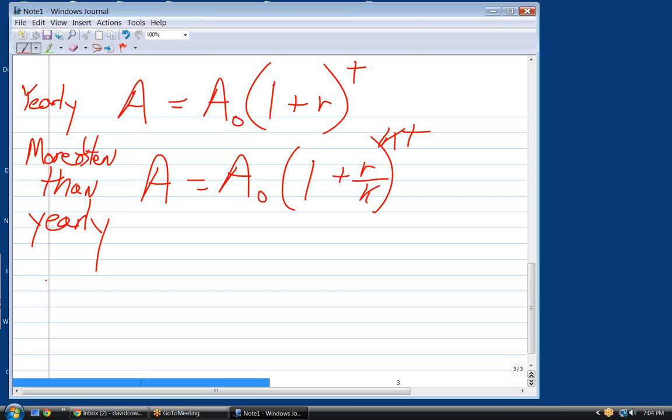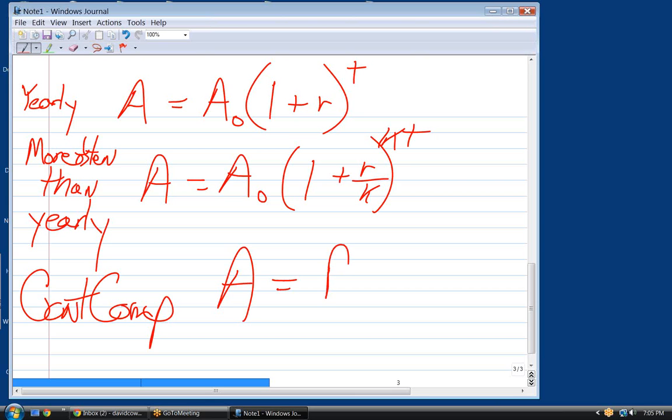And finally, the continuous compounding is what? I think it's PERT, is the way I remember it.